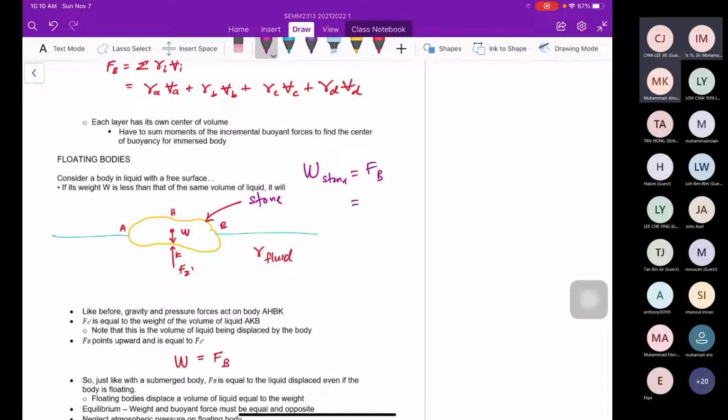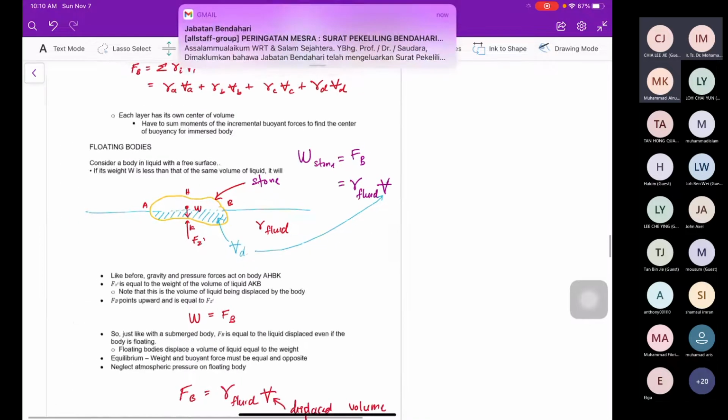So the buoyancy force is gamma of the fluid multiplied with the displaced volume. Where is the displaced volume? This portion only. Only this portion is considered as the displaced volume, which I highlight as V displaced. So substitute in this equation, you will get the weight of the stone.